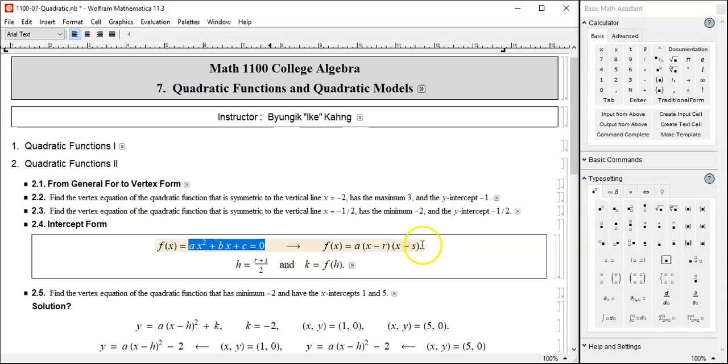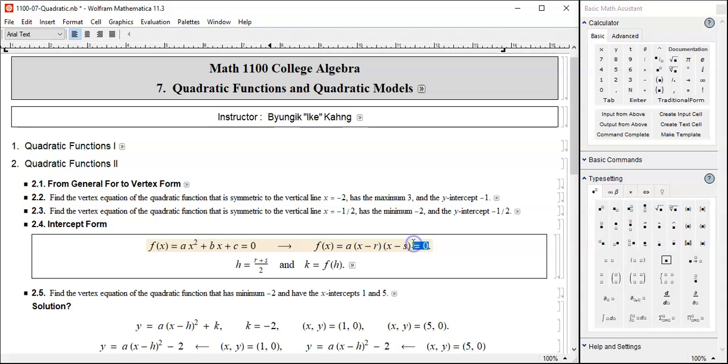One way to solve it is to factor it and set it equal to 0, if possible. Now, if it is possible, then we get x minus r is equal to 0, so x equals r, and x minus s equal to 0, so x equals s, and then those two are two real zeros.